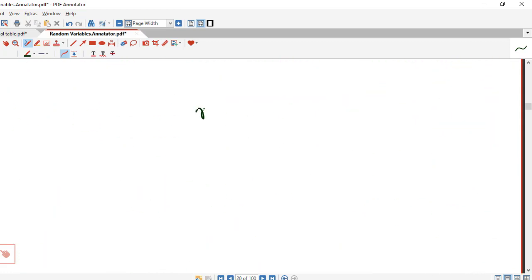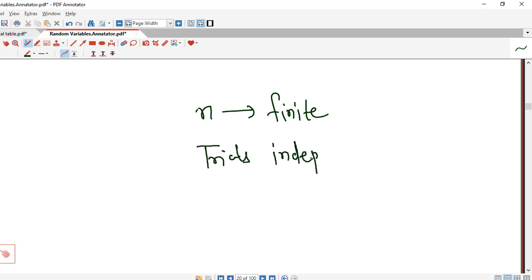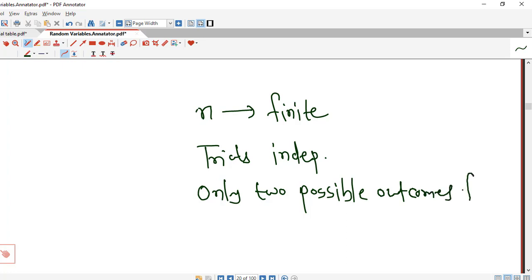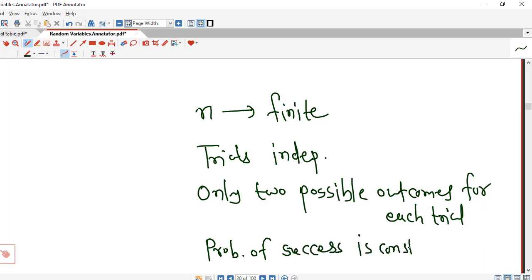So we recall the 4 requirements: the number of trials is finite, trials must be independent, for each trial there are only two possible outcomes, either success or failure, and the probability of success is constant for each trial.